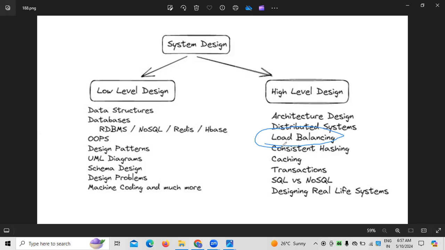So what is required? There is a non-functional requirement called load balancing. Load balancing means we have to maintain equal load on each and every system. If you remember, when you are doing share market trading or stock trading, in some applications, after you log in, it will give you different servers.